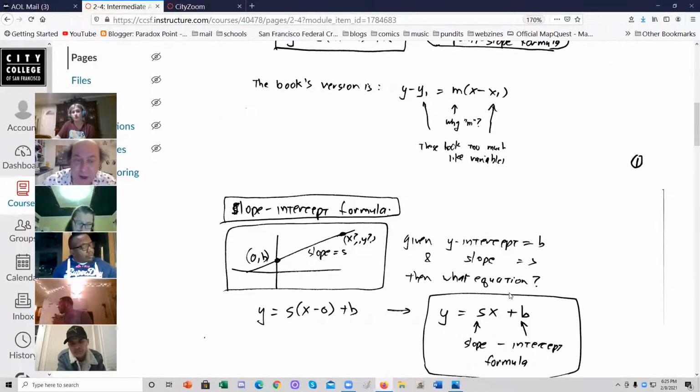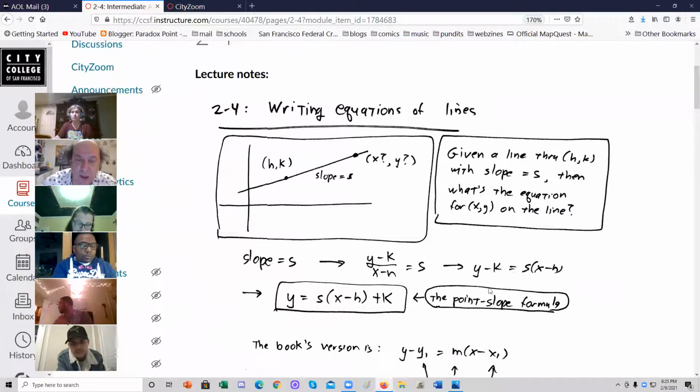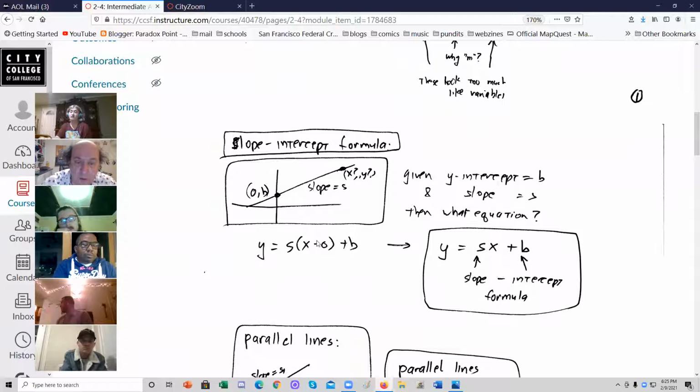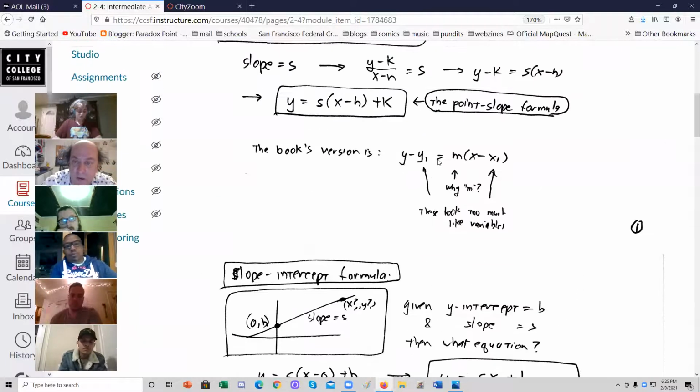Anyhow, now there's a special case where h by k is on the y-axis, and this is in fact the y-intercept. Call it 0 by b. With a slope of s, what's the equation for x and y? Well, we're putting in 0 and b for h and k.